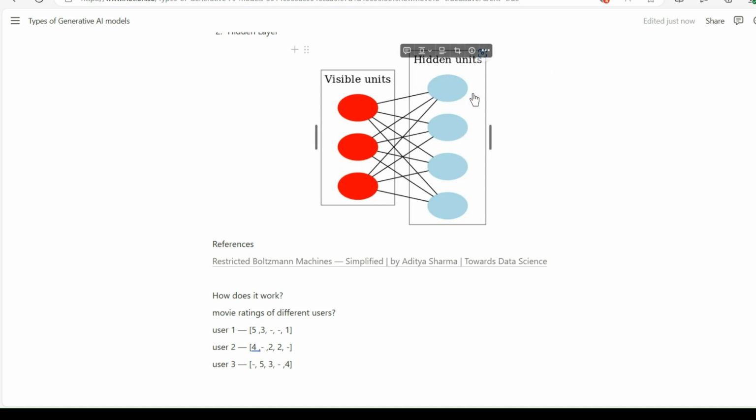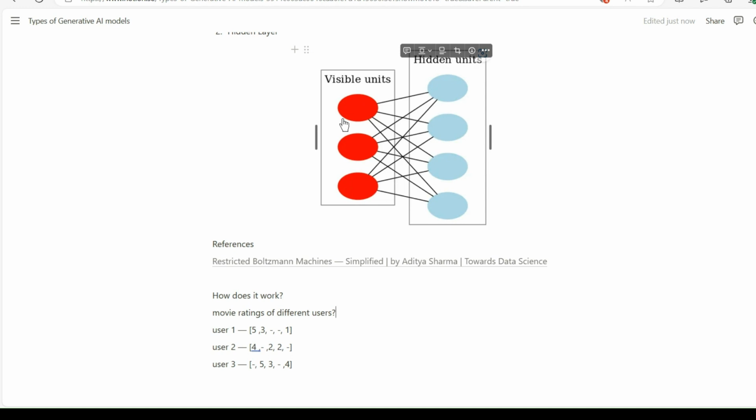The RBM uses the visible layer to predict the hidden layer and then uses the hidden layer to reconstruct the visible layer. This process is repeated many times, and the weights between the layers are adjusted to minimize the difference between the original input and the reconstruction.